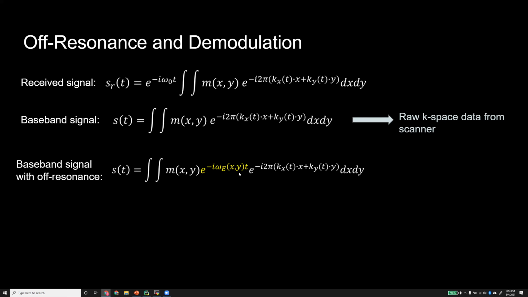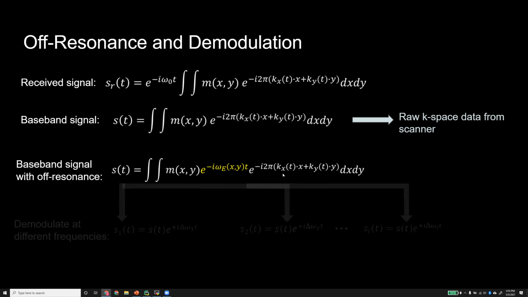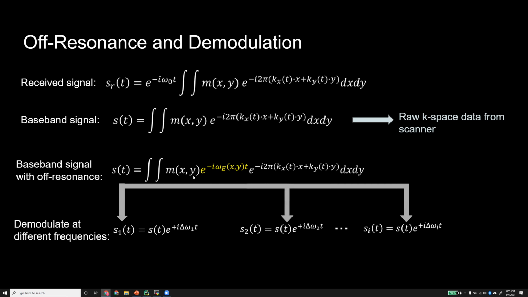So now if you wanted to simulate this, as we'll talk about later, you can't really just do a direct fast Fourier transform or non-uniform fast Fourier transform. So the idea behind our project is, what if, instead of demodulating at omega naught, which is the Larmor frequency, we demodulate at multiple different frequencies in a range around omega naught?